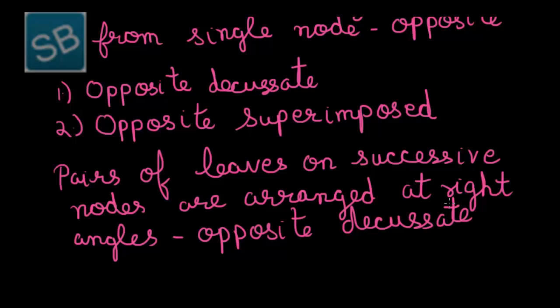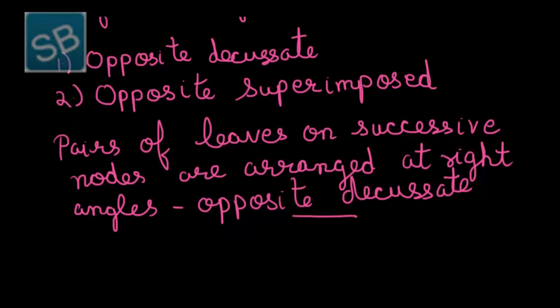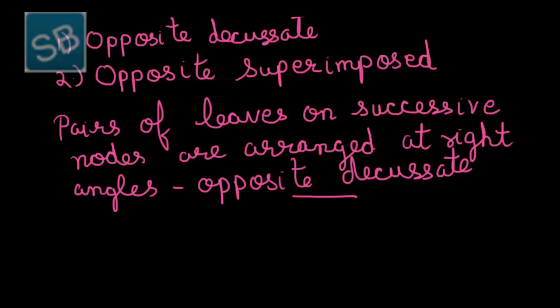On the contrary, if the pairs of leaves are arranged on successive nodes in an overlapping manner, then such a type is known as opposite superimposed.